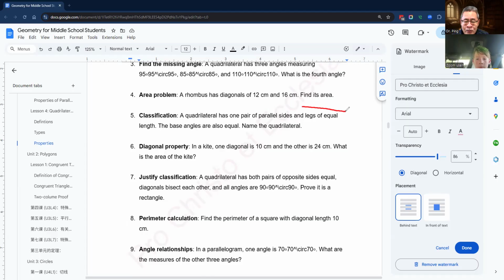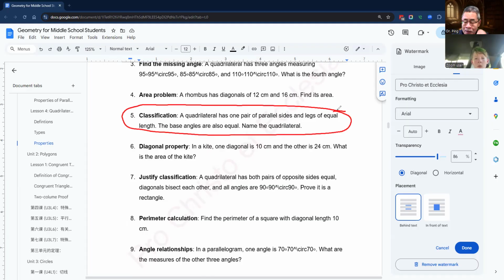Well, no, we are doing this, okay? So a quadrilateral has one pair of parallel sides and legs of equal length. The base angles are also equal. Name the quadrilateral.